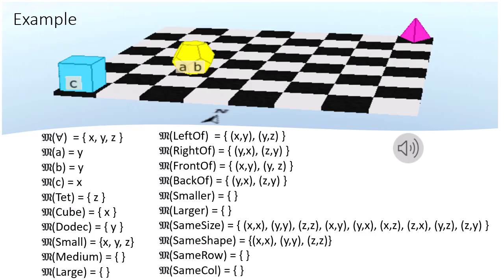The first thing that we'll look at is our first order structure M applied to the universal quantifier. So again, remember M is a function, and we apply that function to our constant symbols and our universal quantifier symbol and any of our predicate symbols. When we apply it to the universal quantifier, we get back our domain of discourse. And here I've labeled that domain of discourse as a set with x, y, and z.